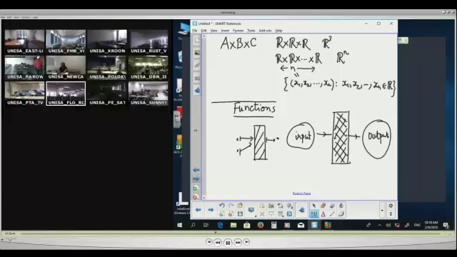So when we have to produce this kind of a thing, what are we demanding? So we have a set of inputs. This is usually called the domain. And we have a set of outputs.